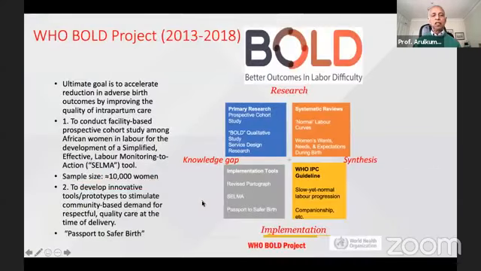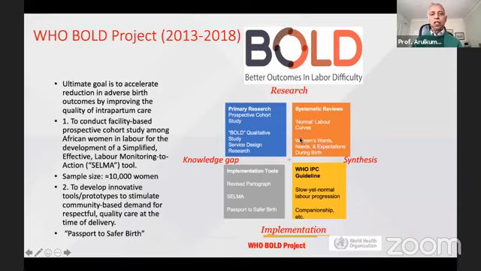Now, WHO was not satisfied with all that because there was a lot of protest about how do we respect mothers and so on. So they said they must do some original research about the progress of labor to bridge the knowledge gap. They also should do systematic reviews of all the labor curves published to date.